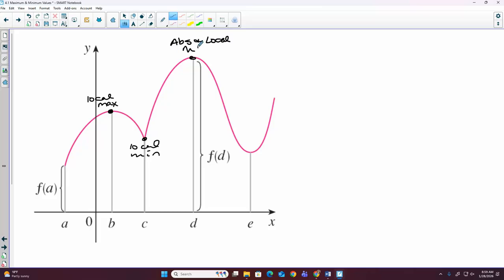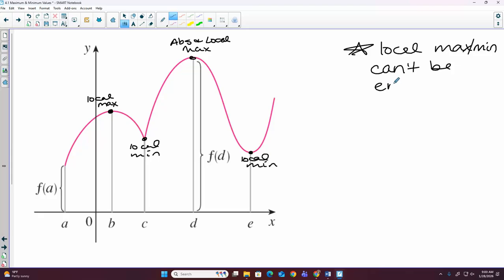We can have many local maxes and mins. What would I call this point? It's a local min, but the graph does get lower over here, so it's just a local. Now, one thing, your local max and min can't be endpoints.